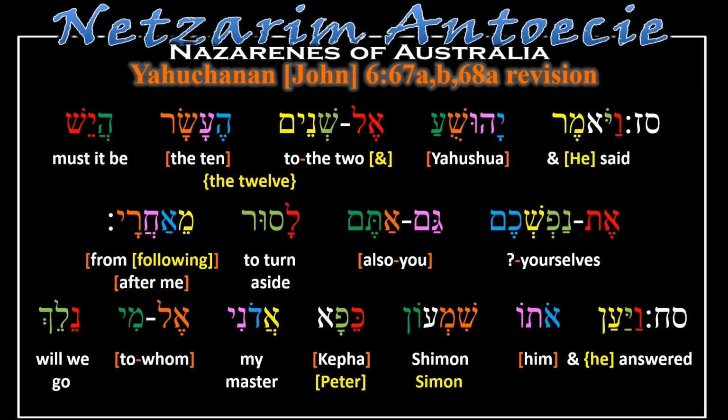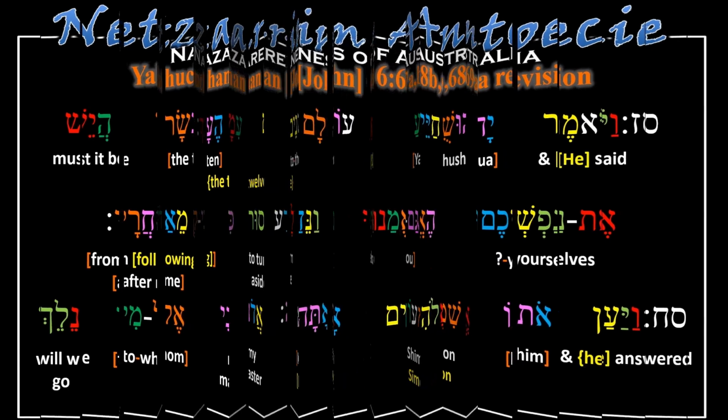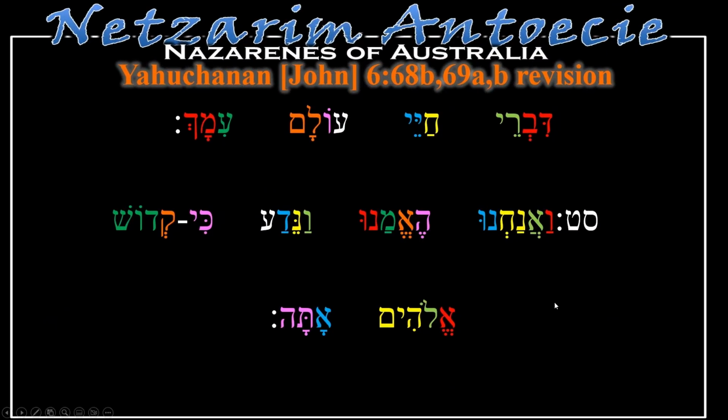And he answered him, Shimon, Kepha, my master, to whom will we go? Divrei, the words of chayei, life, olam, eternal, imak, with you, or are with you. The words of life eternal are with you.